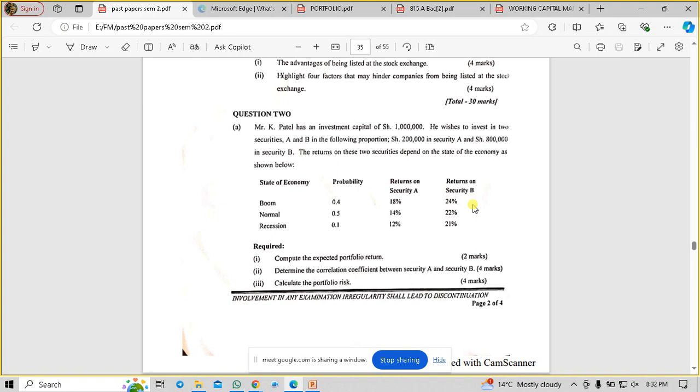So what are you getting as the expected return? Roslyn, 21.24% for expected return of the portfolio. So the expected return of A is 15.4%. And for B you got 22.7.